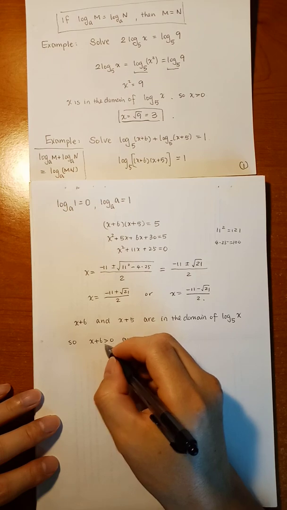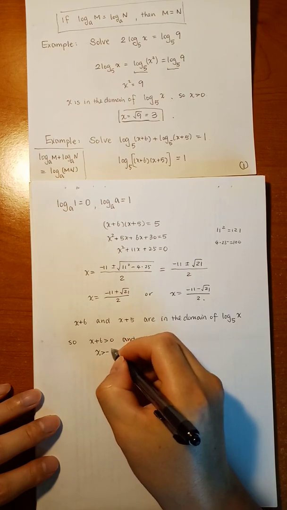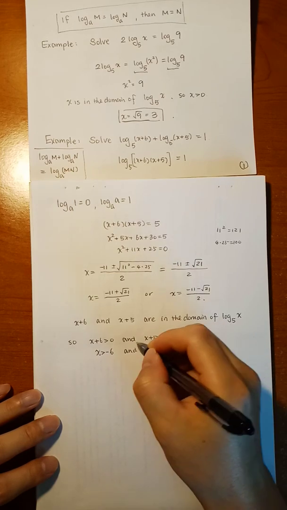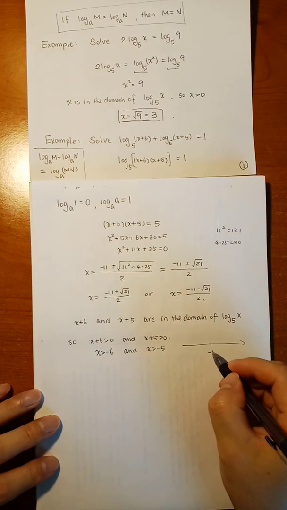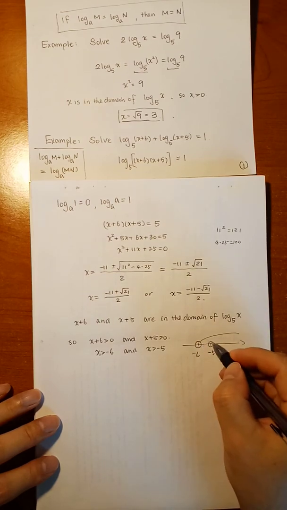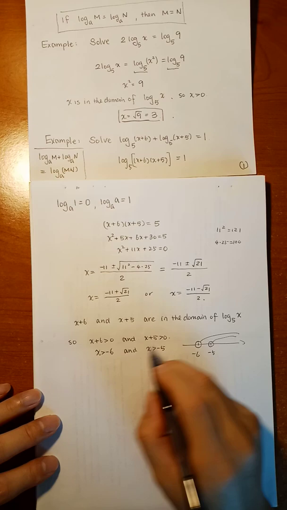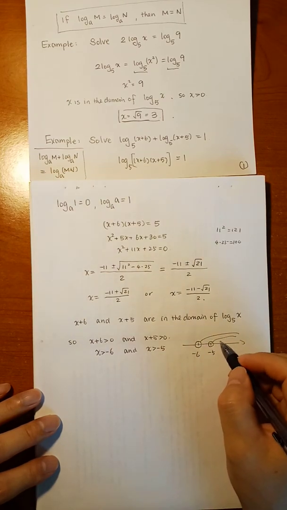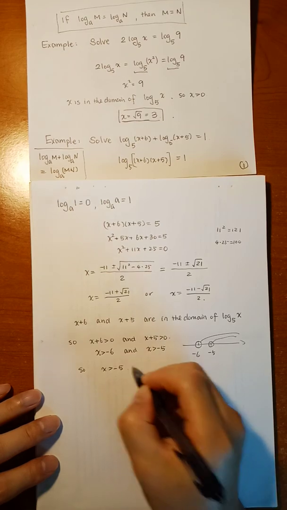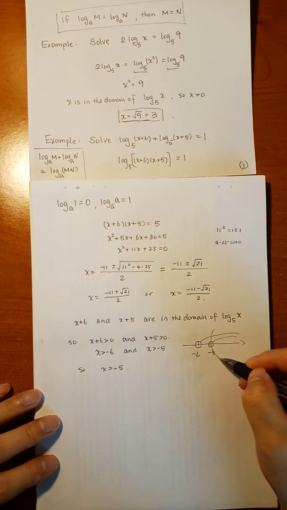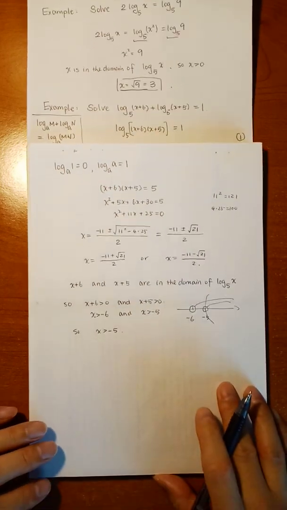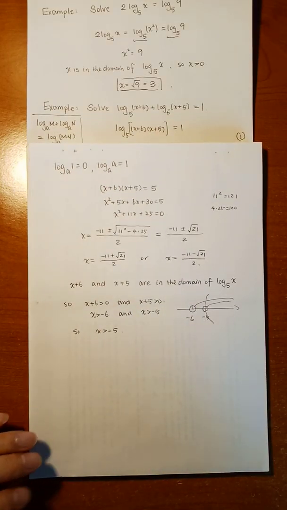So x is greater than negative 6, and x is greater than negative 5. So let's check. Negative 5 is here, negative 6 here. It has to be greater than this, it has to be greater than this. So it's an "and." And means two conditions are satisfied together. So you have to choose the overlapped part, because you choose "and." So x is greater than negative 5.